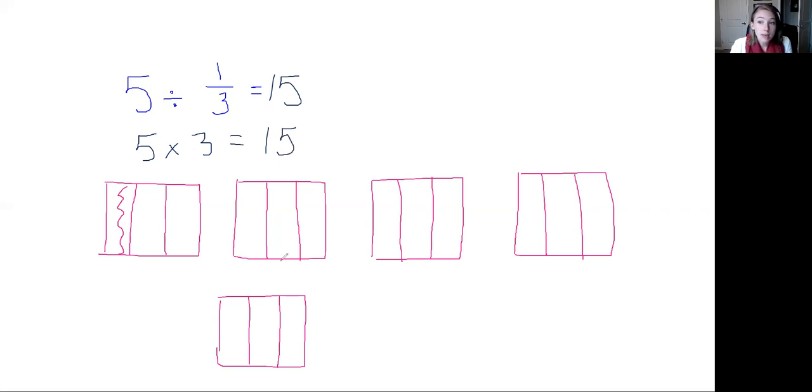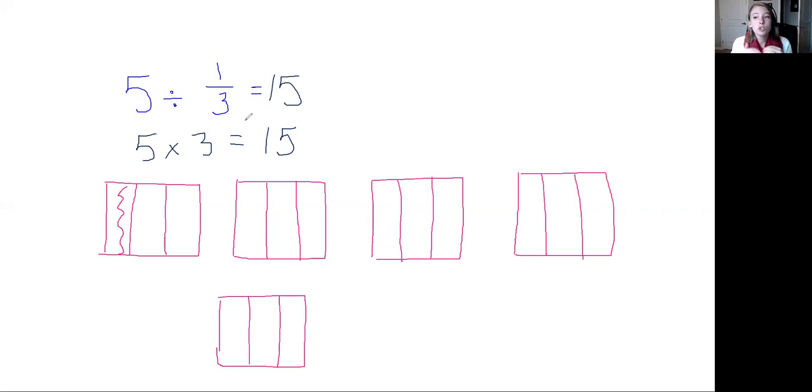Do you see how we got that? Now let's talk about the relationship between that 5 divided by 1/3 and that 5 times 3. We are doing the same thing in both cases because this model can represent both equations.